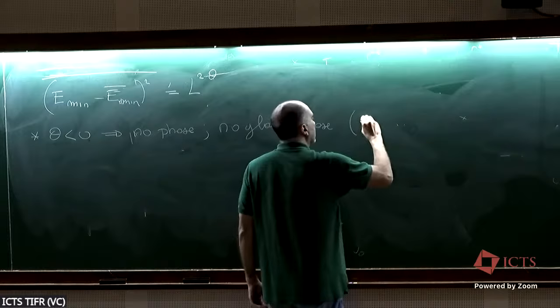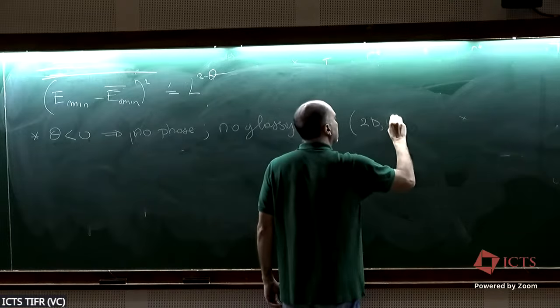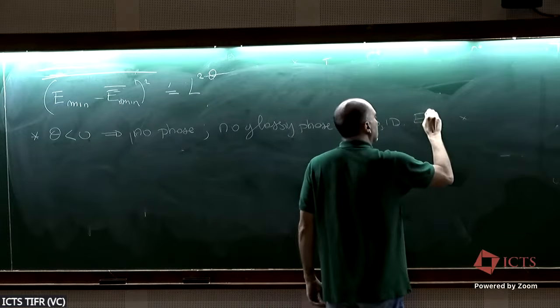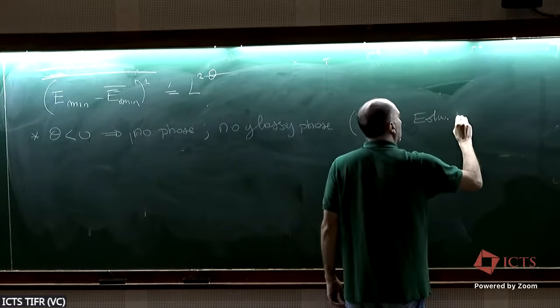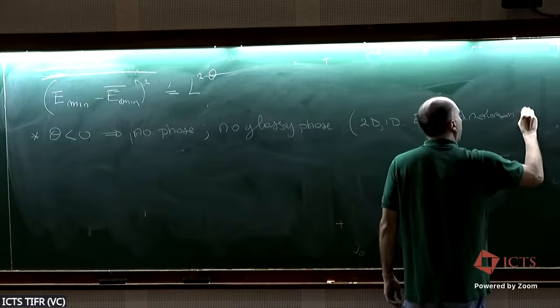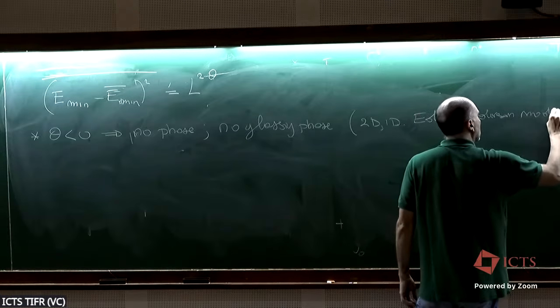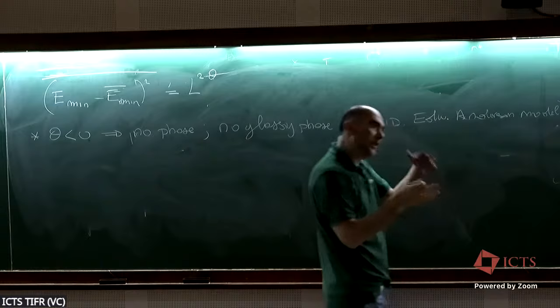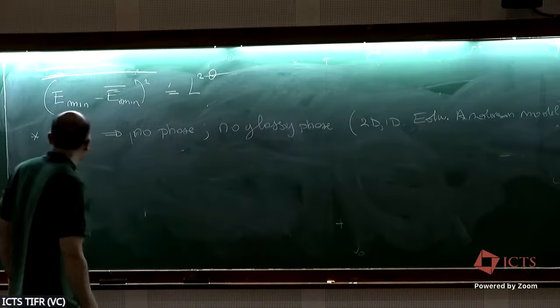This is the case of the 2D or 1D Edwards-Anderson model. They don't have a glass transition. The disorder somehow is irrelevant. There are interesting features, but that's not it.